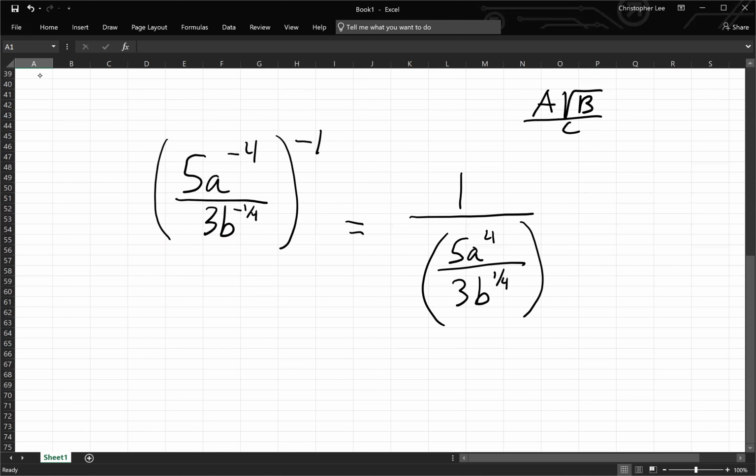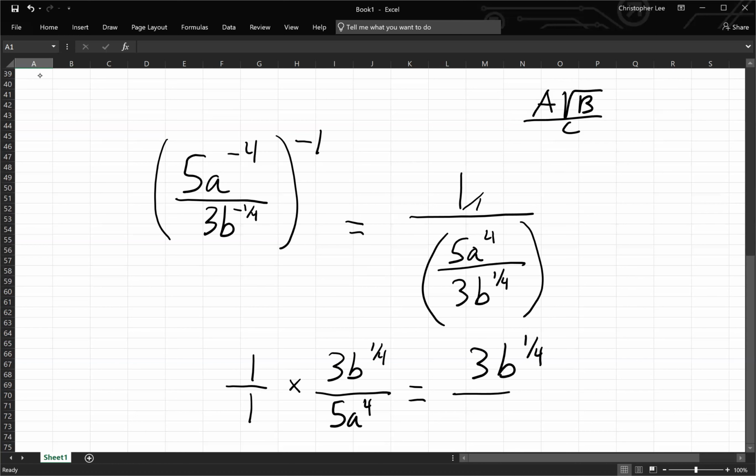Keep the numerator, which is 1 over 1. Change the division to multiplication. Flip the denominator, so 3b to the 1 over 4 power over 5a to the 4th power. Multiply straight across. What we have is 3b to the 1 over 4 power over 5a to the 4th power. That's it. Let me just type it in.